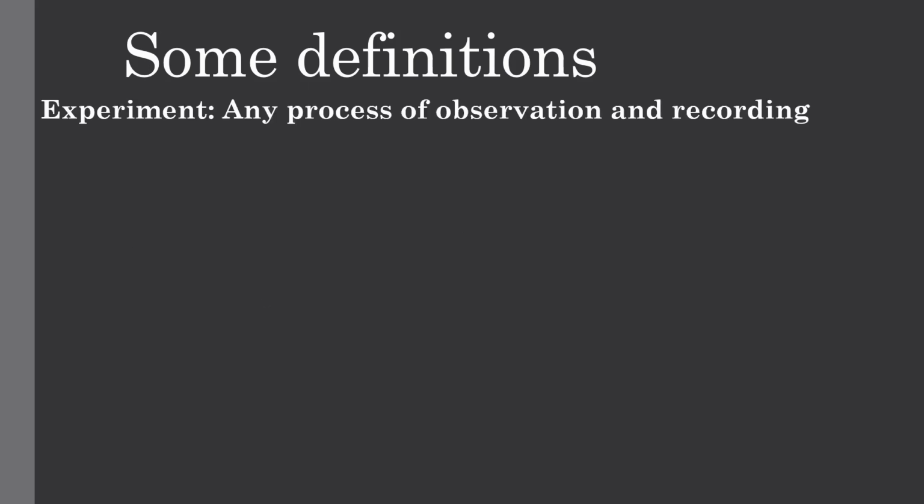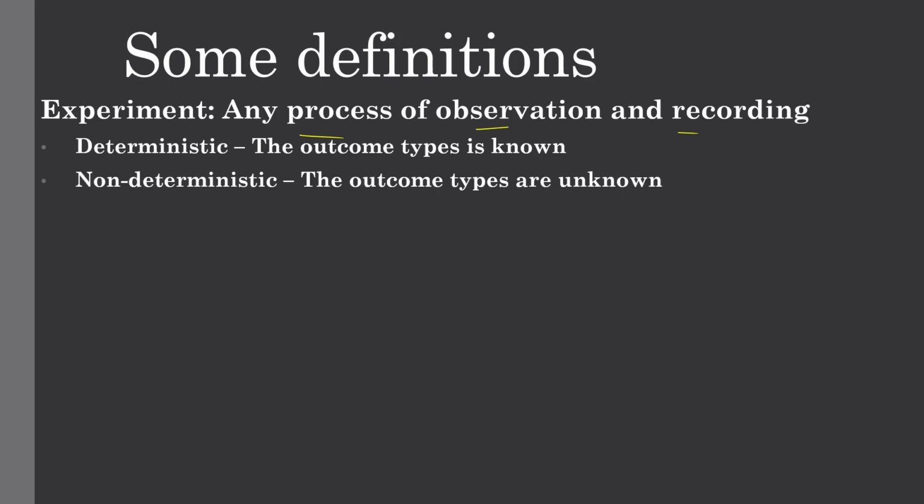Okay. So as I told you, some definitions of probability. Firstly, an experiment, which is any process of observation and recording. And this can be of two types, deterministic and non-deterministic. In a deterministic experiment, the outcome types are known. That means what the outcome is going to be is not known, but the exhaustive types of outcomes that can result from an experiment are known.